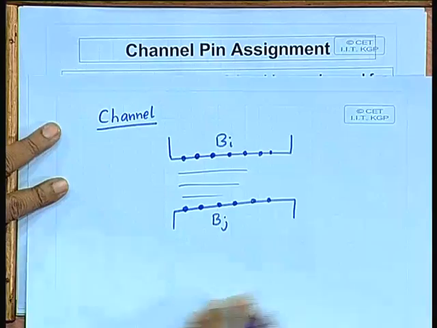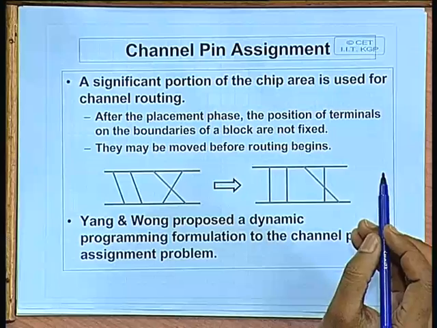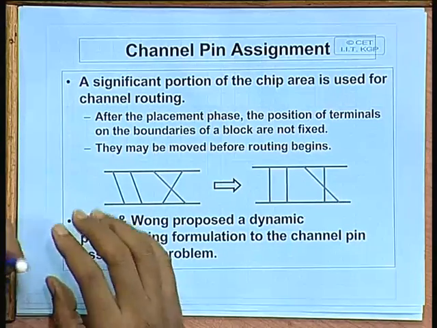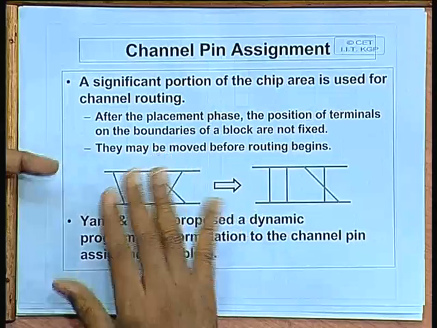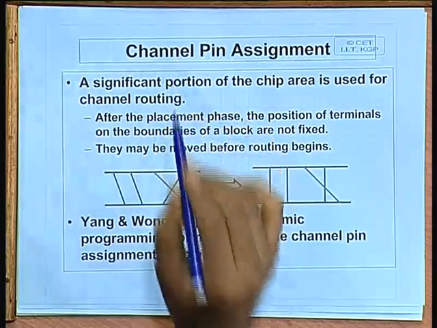Okay. Fine. So, for channel pin assignment, the problem is that in modern day VLSI design, most of the designs are based on standard cell based ones. So, we have channels, or existence of channels, in most of the designs.